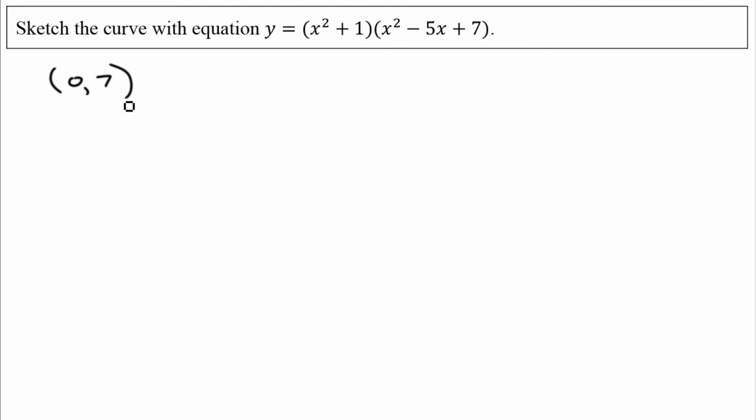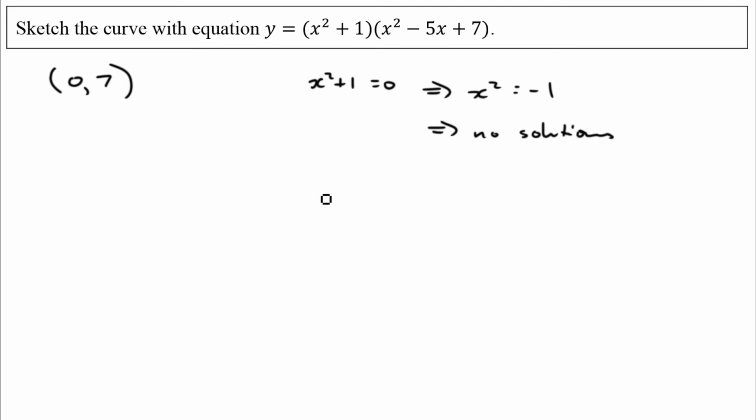What about the intersections with the x-axis? If y is 0, then either one or the other one of these quadratics must come to 0. But it's very clear to see that the first one can't possibly come to 0. If x squared plus 1 was 0, that would mean that x squared is -1, and that clearly has no solutions. What about the other quadratic?